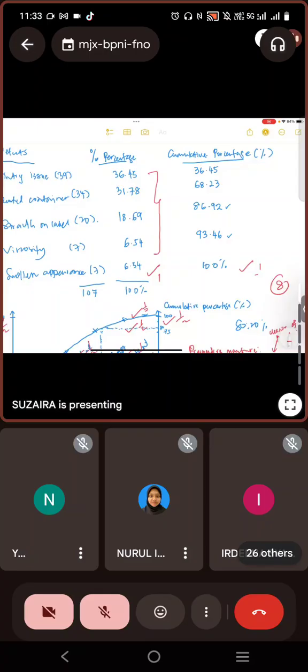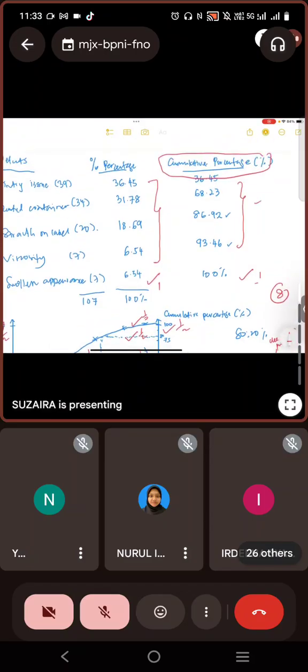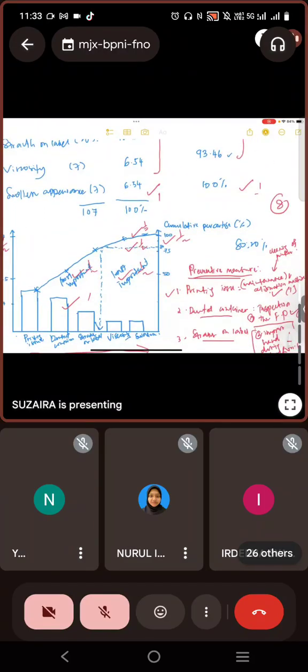I'm sure you can calculate directly, but some students might calculate the cumulative percentage wrongly. When you have a wrong cumulative percentage, you won't get marks for this one, and also you won't get marks for this graph, this line.